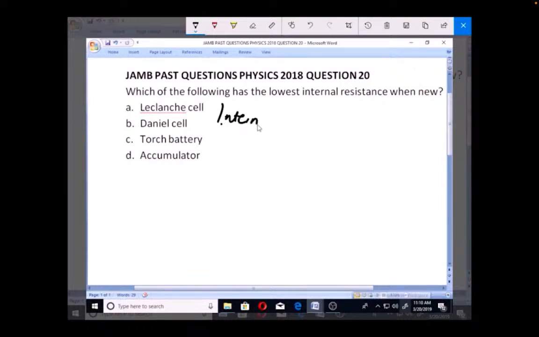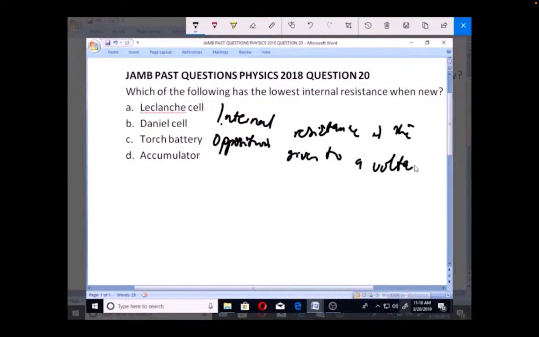Internal resistance is the opposition given to a voltage source. That opposition that is given to a voltage source is the internal resistance.